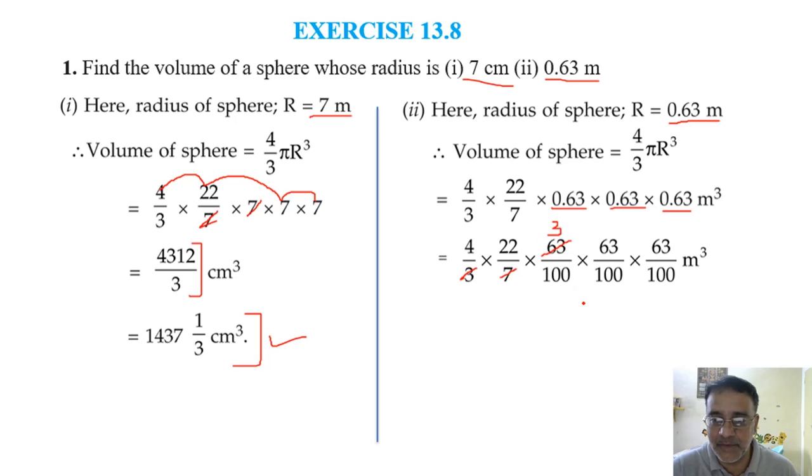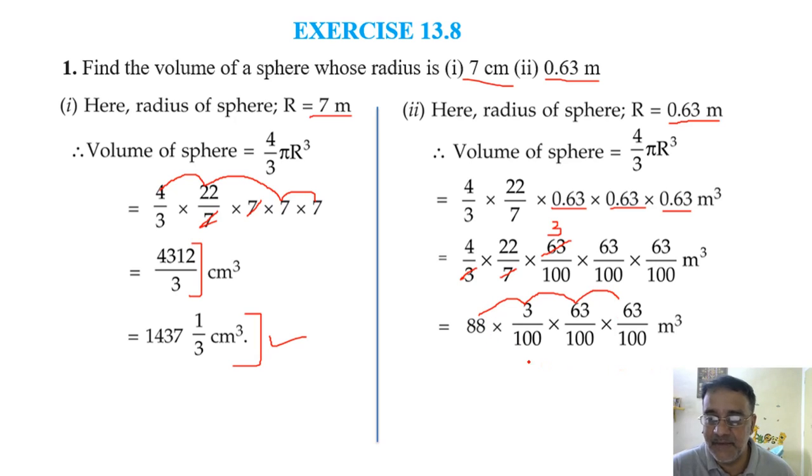So I have cancelled like this. So what are we going to get? 88 into 3 by 100 into 63 by 100 into 63 by 100. Now if you multiply all this and divide by 6 zeros, that is 10 lakhs, you will get 1.047816 meter cube, and approximately the answer is given as 1.05 meter cube.